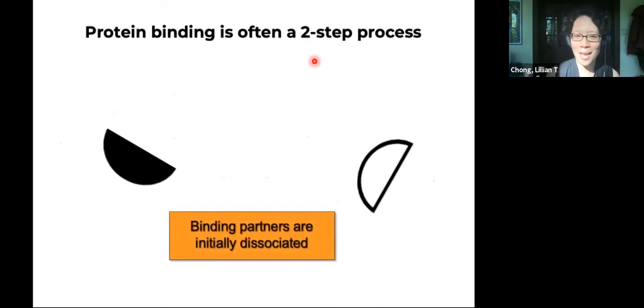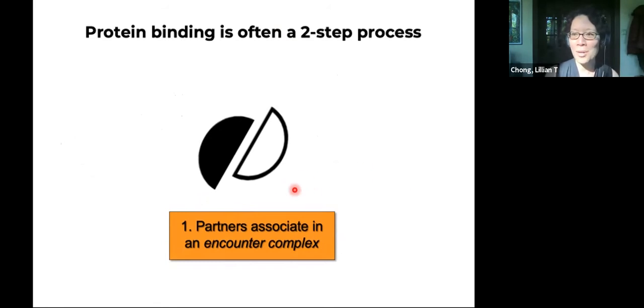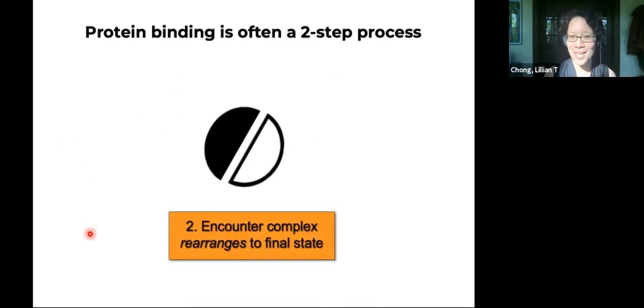So this is just a schematic diagram of 2 proteins in which these binding partners are initially dissociated, and the partners associate to form an encounter complex, which is close to the right orientation, but not quite. And then this encounter complex would rearrange to the final state. And it's not usually this smooth. It's a more stochastic process, just like the initial collisions of those proteins.